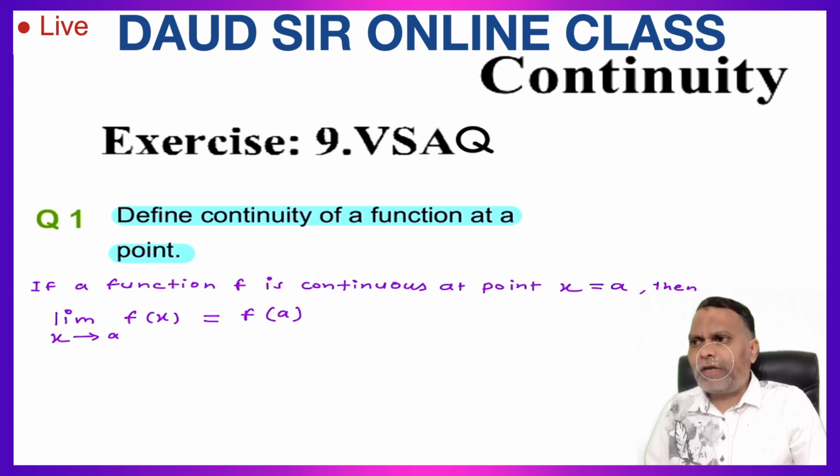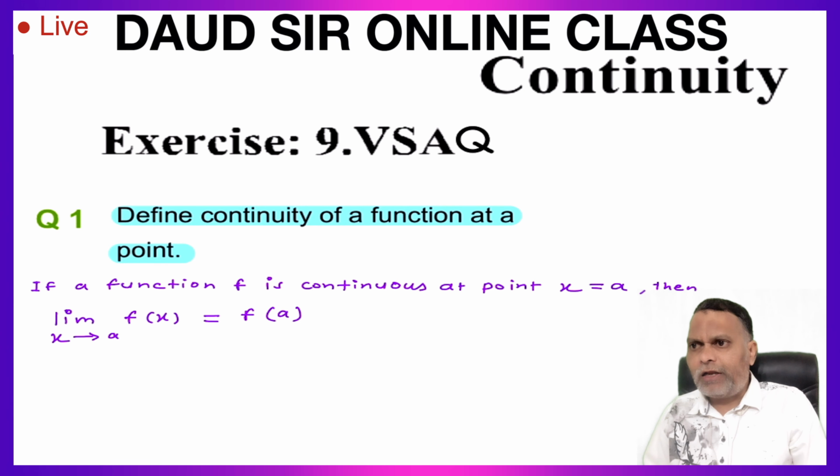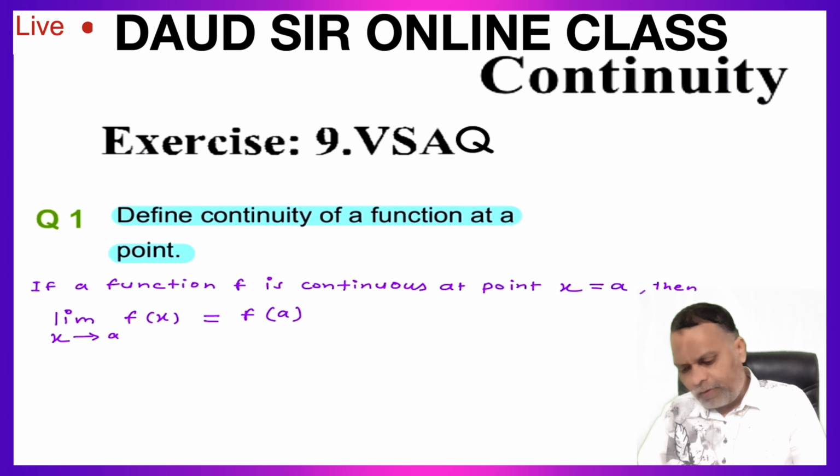Limit x tends to a, f of x is equal to f of a. If the function is continuous at x is equal to a, then the limit of the function at that point is equal to the value of the function at that point.